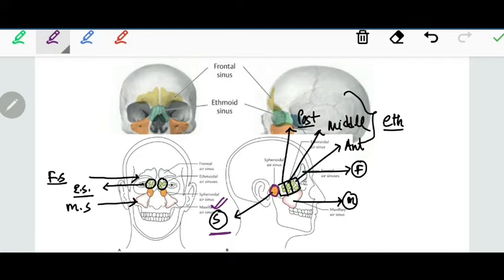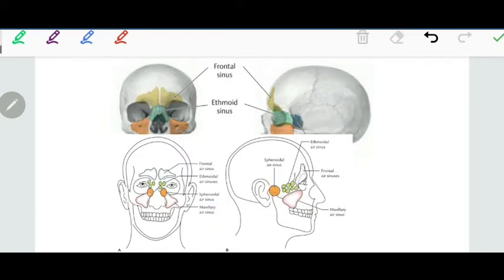That is better understood when seen from the aspect of a dry skull. If this is the outline of the orbital cavity, the frontal sinus is above, maxillary sinuses are below, the ethmoidal sinus groups are medial to it, and last but not the least, the sphenoidal sinus group is posterior to it.